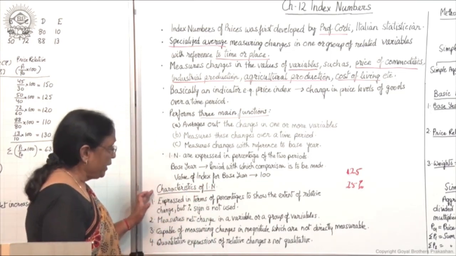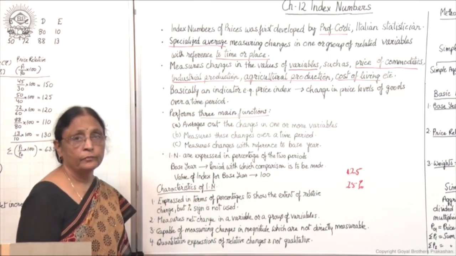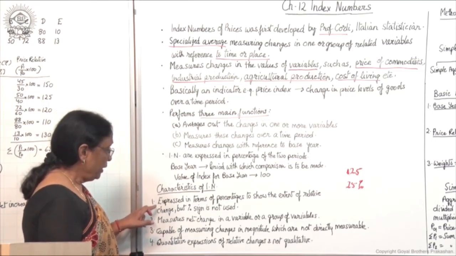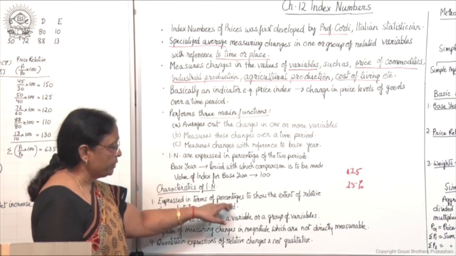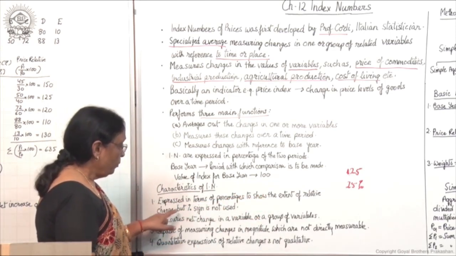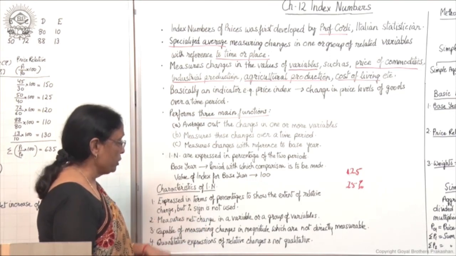Now, we will see the characteristics of index number. What are the main characteristics? First, expressed in terms of percentages to show the extent of relative change, but percentage sign is not used.